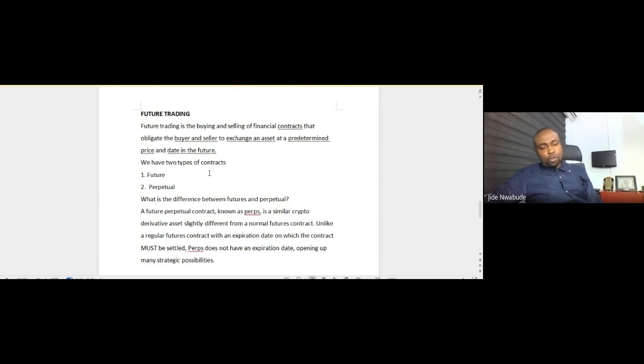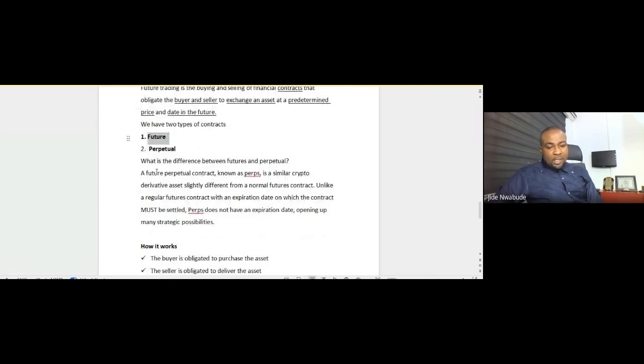Now, let's break it down. We have two types of contract in crypto trading. We have the future trading and we have the perpetual trading. Our emphasis today is going to be on perpetual trading. What's the difference between the two of them? The difference is that for future trading, the price is fixed and the date is fixed. But for perpetual, the date is not fixed.